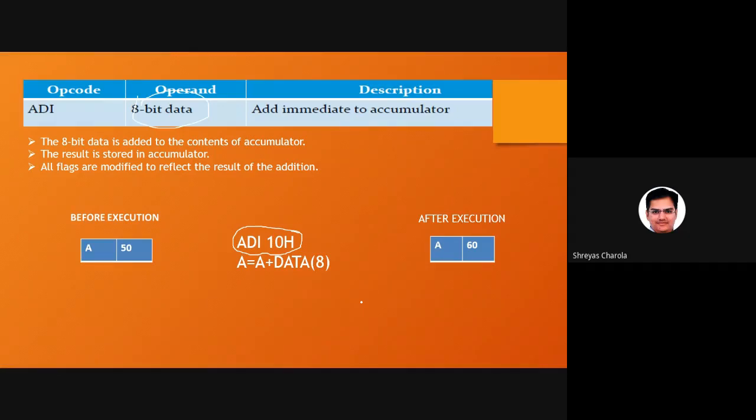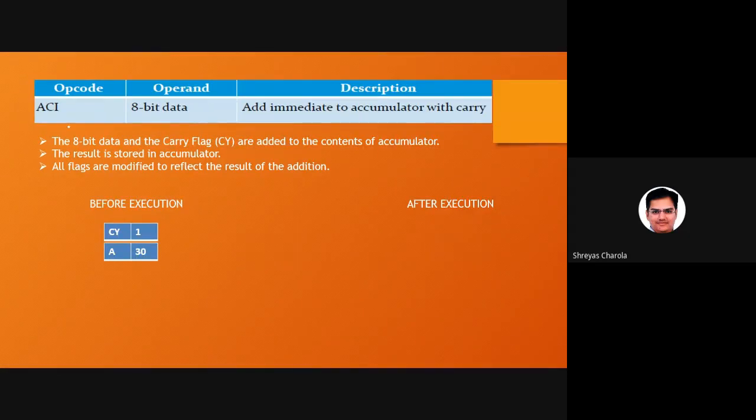Okay. Now, same as ACI. That means add with the immediate data and also with the carry. Okay, let's suppose consider this is the data in the carry and accumulator. If I write an ACI 20, what would be the answer in the accumulator? It's 51.